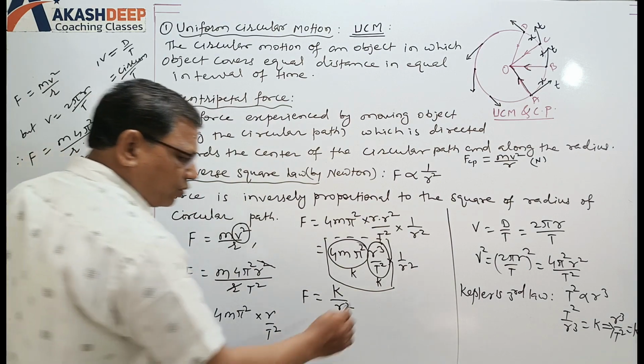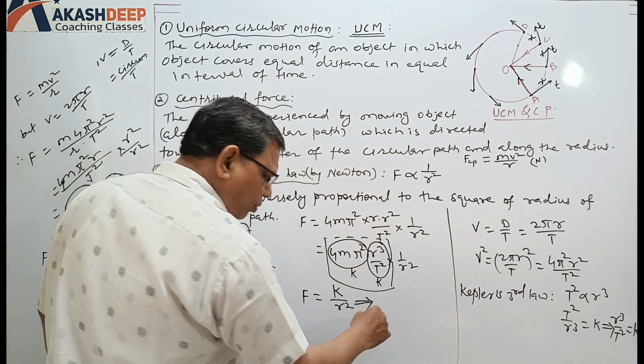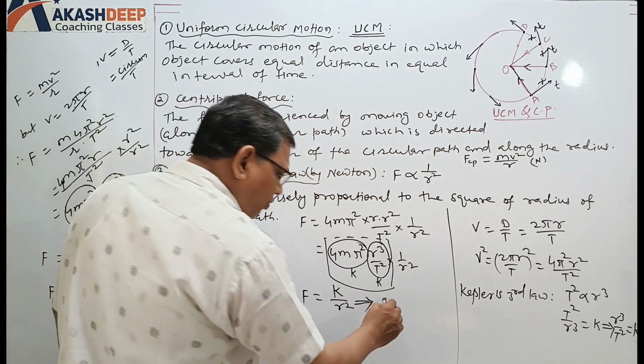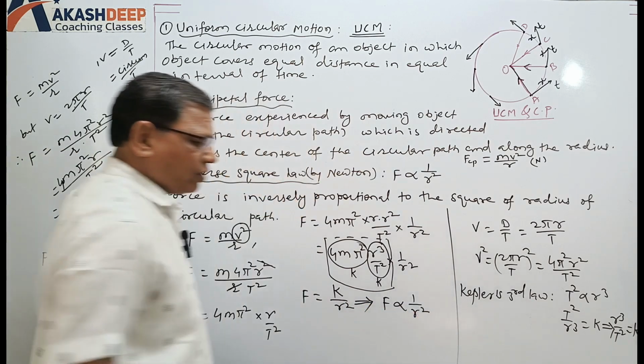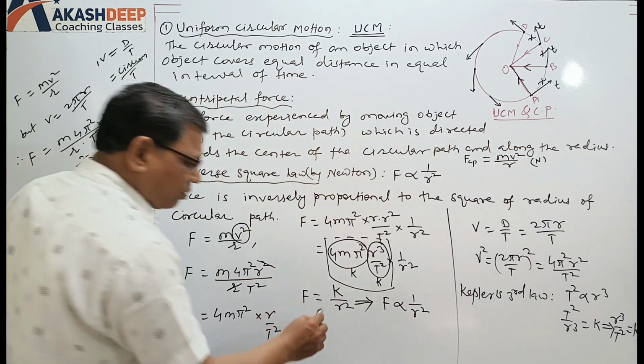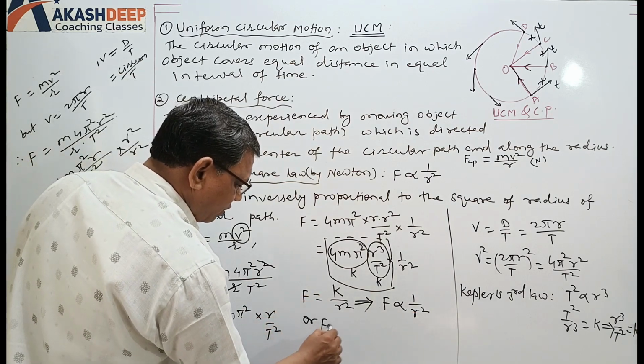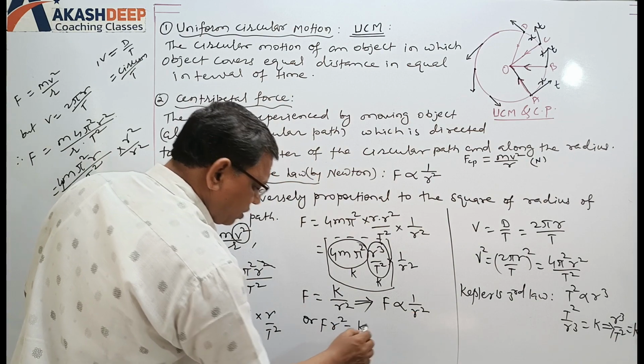F is equal to k upon r square. Remove the proportionality constant. We will have the relation F is proportional to 1 upon r square, or F r square is equal to constant.